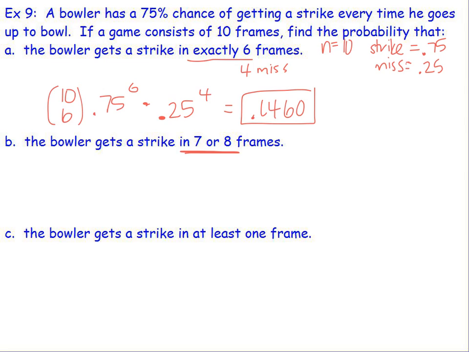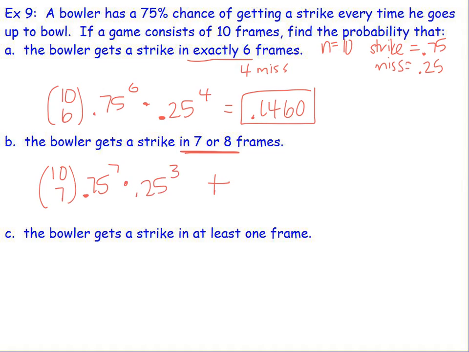The only thing that's changing is the 6s and the 4. The or means we're going to add our 2 cases together. First case, 10 frames. How many strikes? 7. 0.75, there's 7 of those, times 0.25, there's only 3.